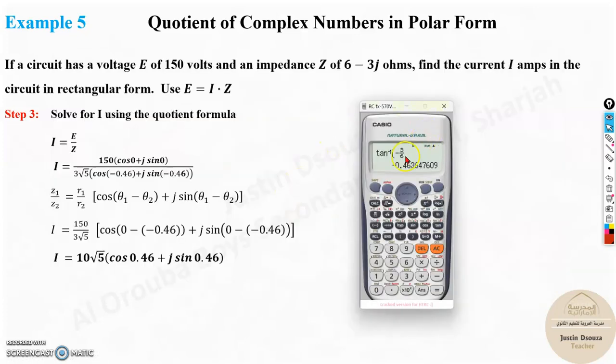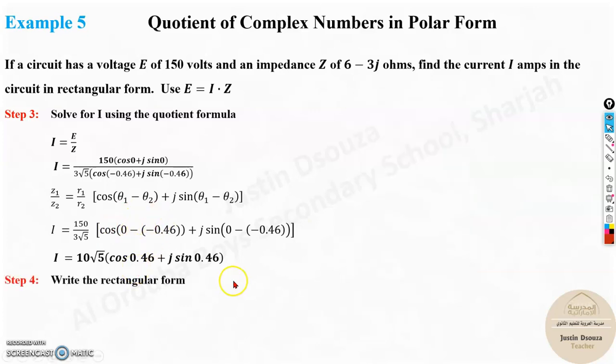Now, how did we get it? Very simple. This is 150 divided by 3 root 5. You'll get the answer 10 root 5. That's equivalent to 22.36. And this, you're just multiplying the sign. Now, we will write it in the rectangular form because they have asked in the rectangular form, right? They're not asked in polar form.